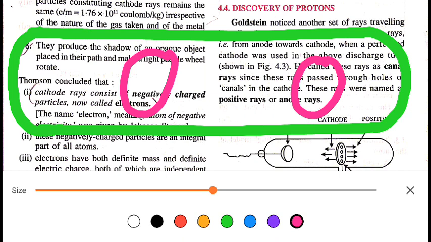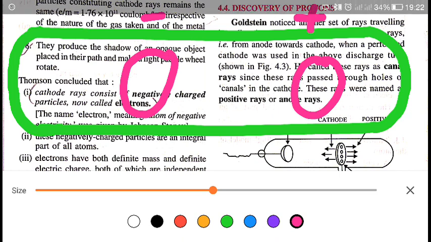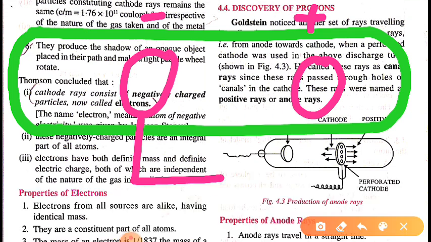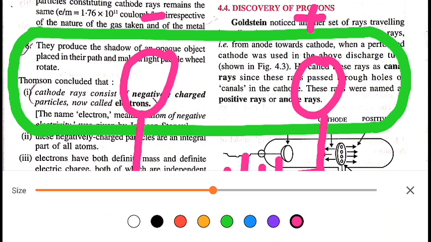This one is a cathode plate, which is negatively charged, and this one is an anode plate, which is positively charged. He connected this with a high voltage battery. This was the basic experimental arrangement, but there is a difference.